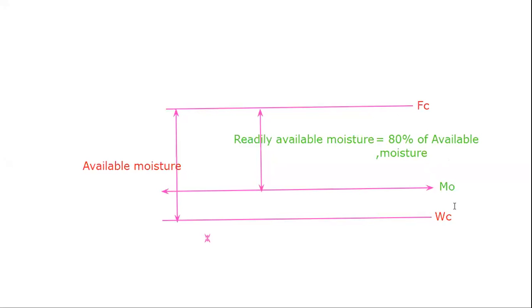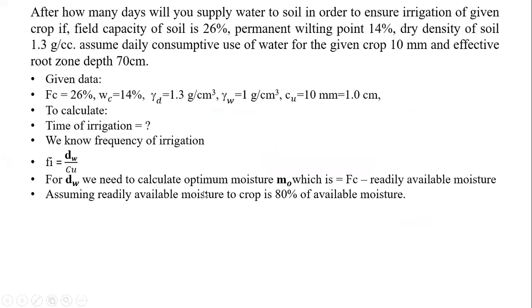Field capacity is the upper limit, wilting coefficient is the lower limit. Whatever difference we get is the available moisture, and 80% of that total available moisture will be the readily available moisture. Got the point? So now we'll go to the main screen where we were solving the numerical. This part I was discussing: field capacity minus readily available moisture, that is M0, we have indicated here.